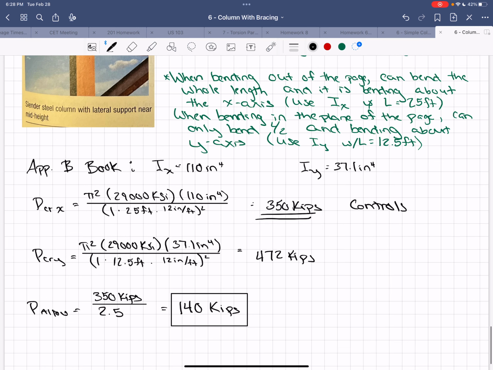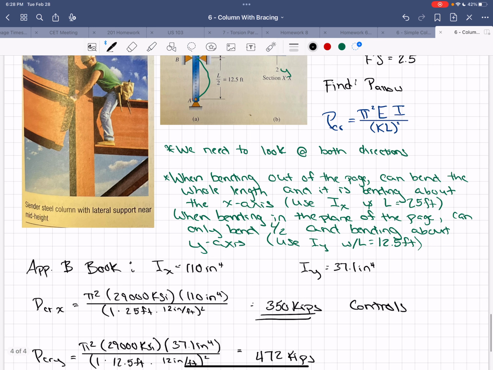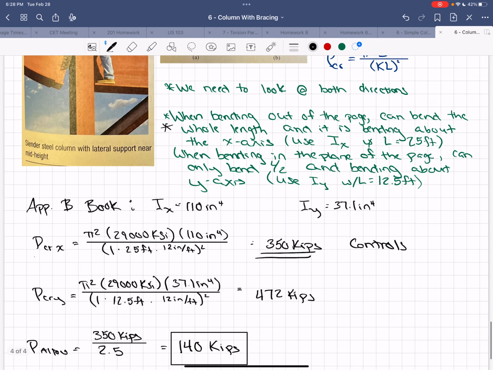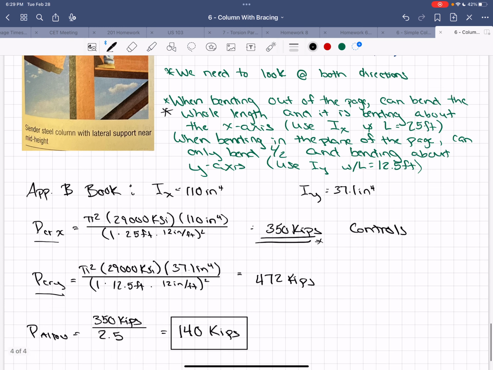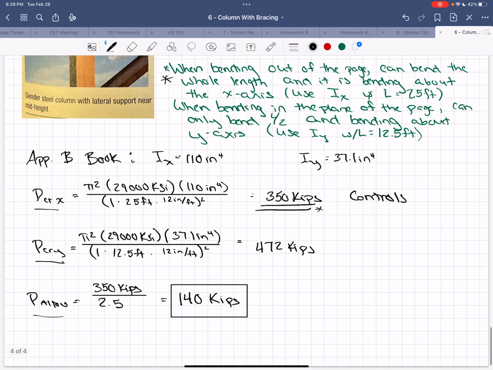So once you get through figuring this out, you plug in, look at the two different directions, pick the minimum value that controls, and if you're supposed to find P allow, divide by the factor of safety. And you're good to go.